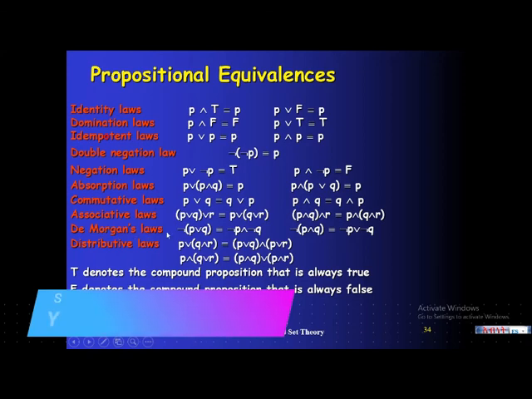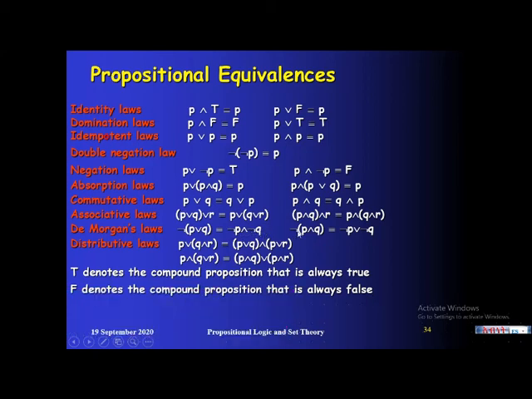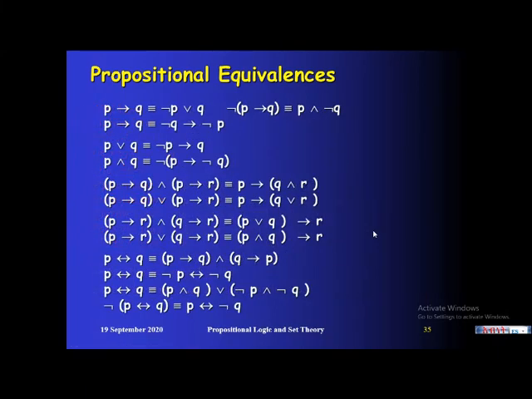It says that the negation of P or Q is equivalent to the negation of P and the negation of Q. At the same time, the negation of P and Q is equivalent to the negation of P or the negation of Q. So let us come to here.